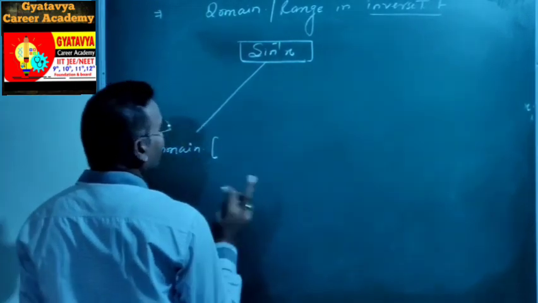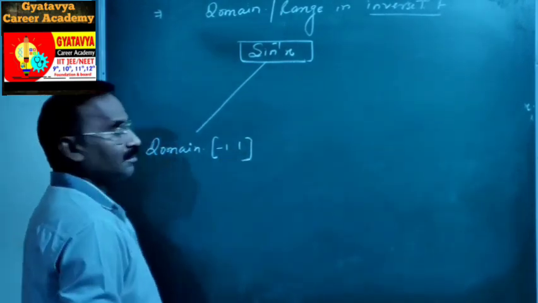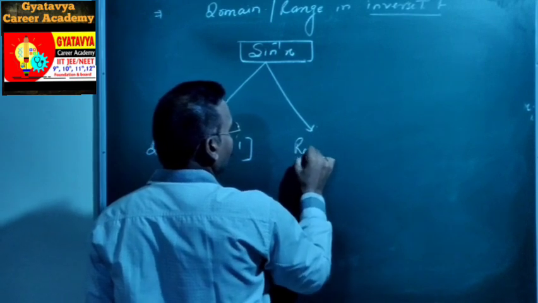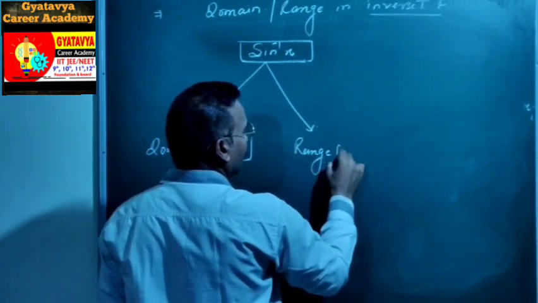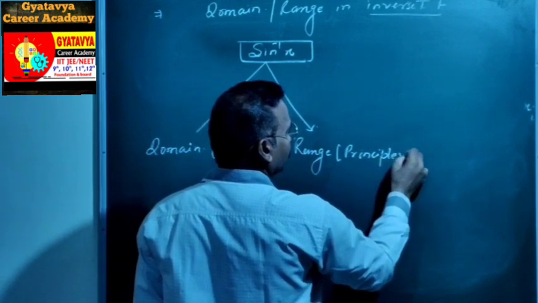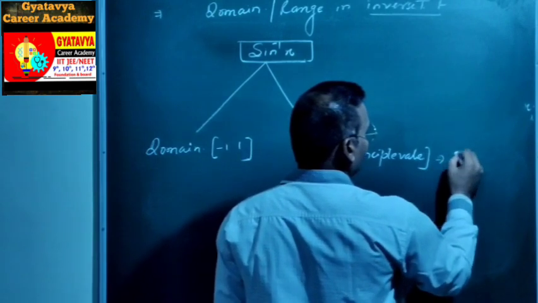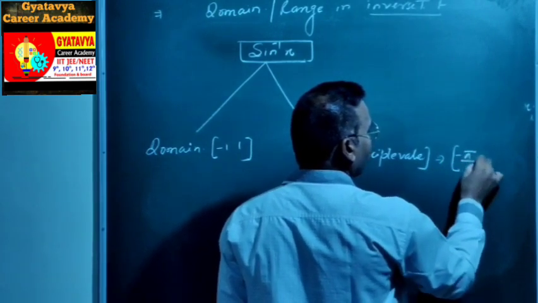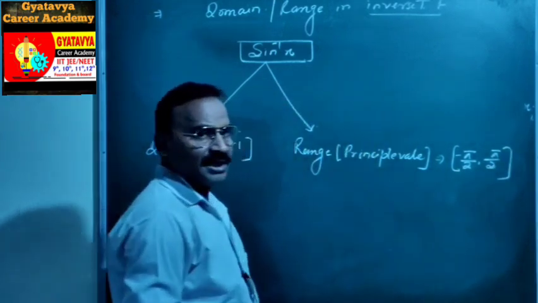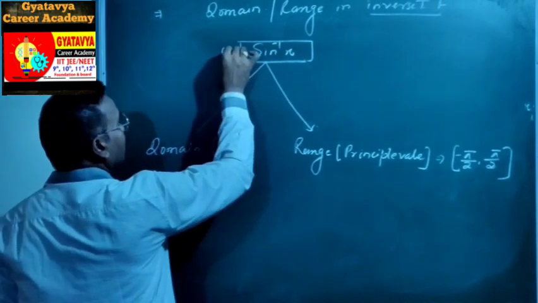The domain of sine inverse x is minus 1 to plus 1. Now, range or principal value: minus pi by 2 to plus pi by 2.